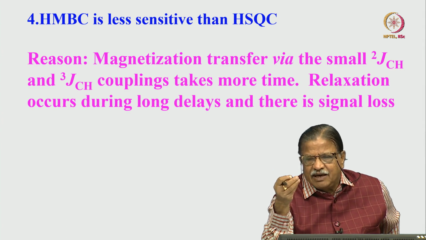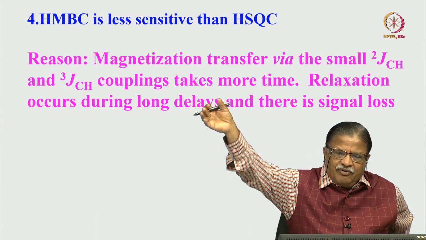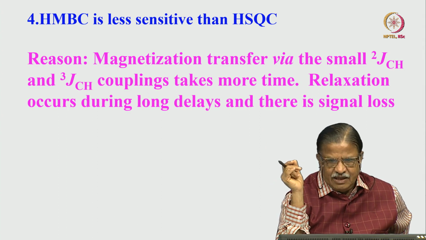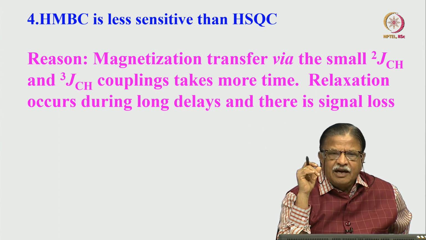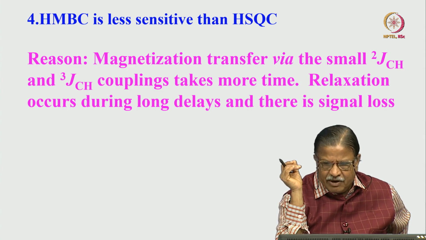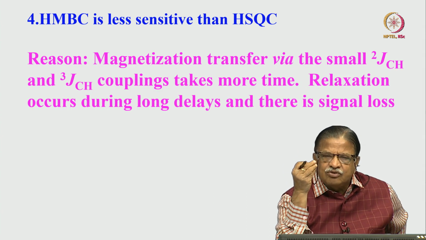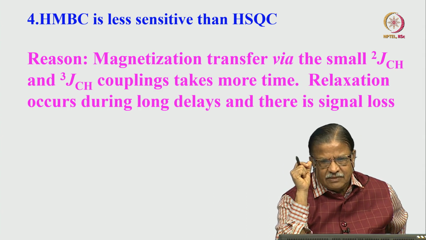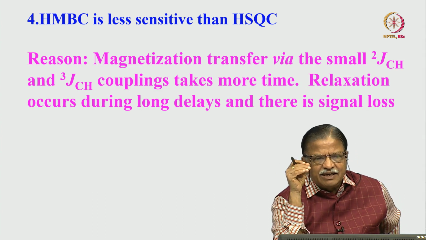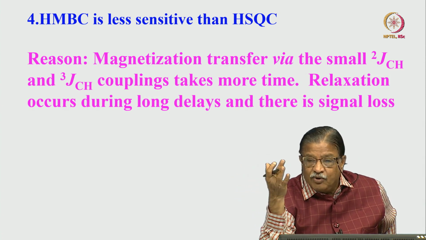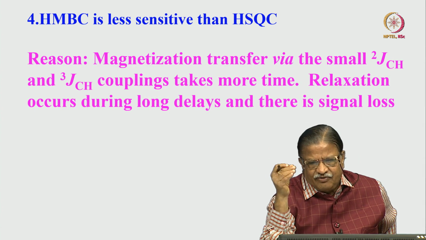If the coupling strength becomes very, very weak and remotely far away, magnetization transfer efficiency is less. Obviously, if you go to 2-bond coupling, carbon proton, 3-bond coupling carbon proton, their strengths are so small. As a consequence, the magnetization transfer takes enormous amount of time. It takes more time, not very fast.